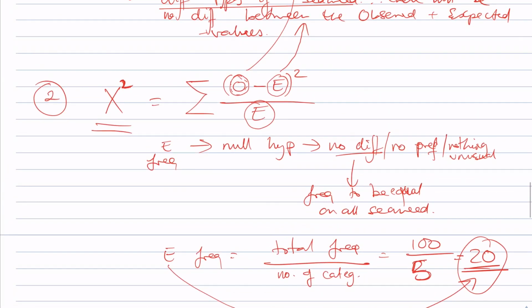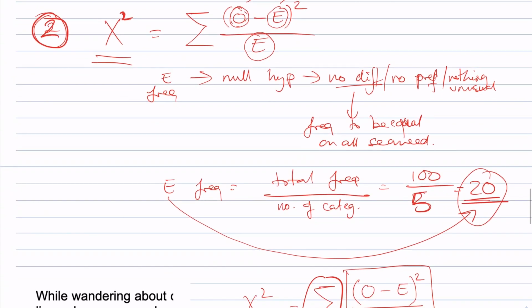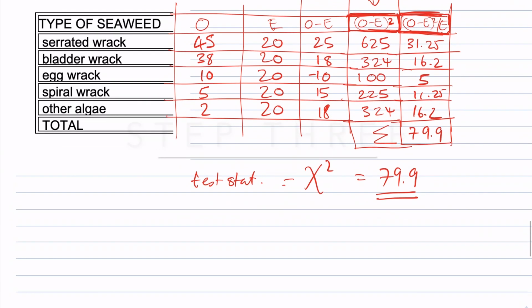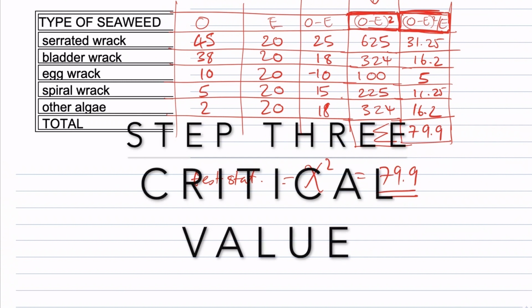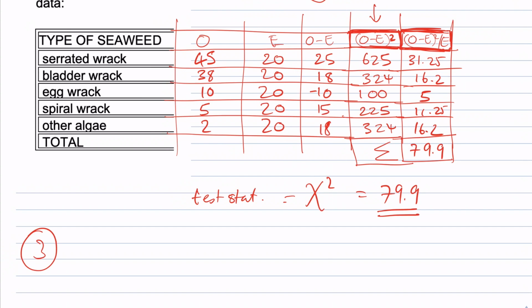So let's remind ourselves what we did. We made our null hypothesis, and we've calculated our test statistic. In this case, it's chi-squared, equal to 79.9. Now what we will have to do is work out the degrees of freedom to get our critical value.